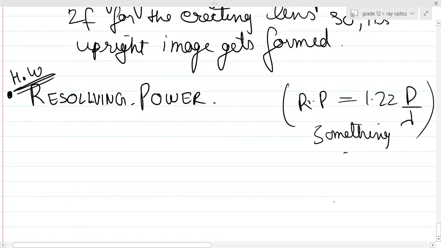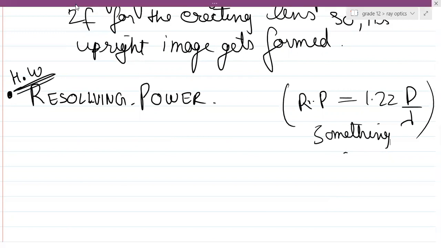Anyways, with this, I'm done with optical instruments, and let's start with waves. Guys, is it clear? I'm done with ray optics. Go through the whole optical instruments once. Take a 2 minutes break, I'll be back.